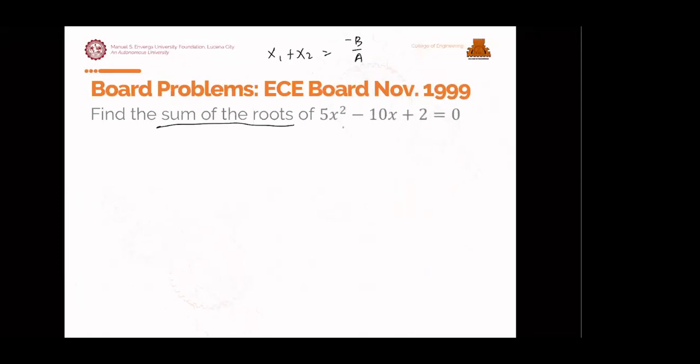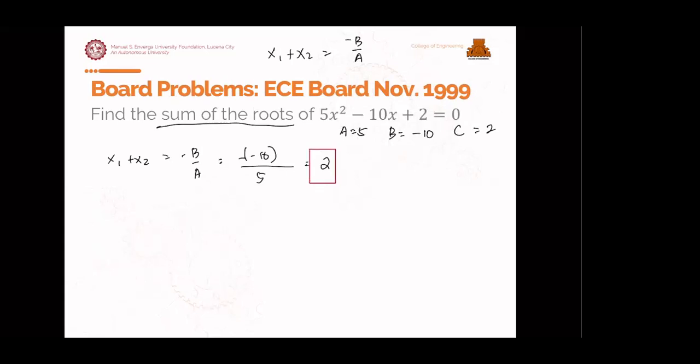Dito, ang a natin is 5, ang b natin is negative 10. Good. Don't forget the negative sign. And ito ay 2. So, x1 plus x2 is equals to negative b over a, equals to negative times negative 10 all over 5. Yung sum natin is equals to 2. Yan na yung answer natin, 2.